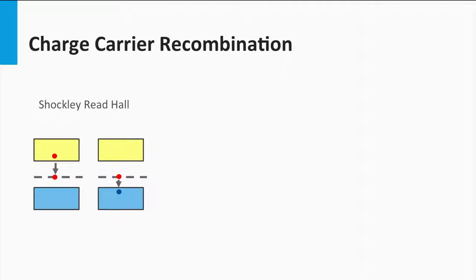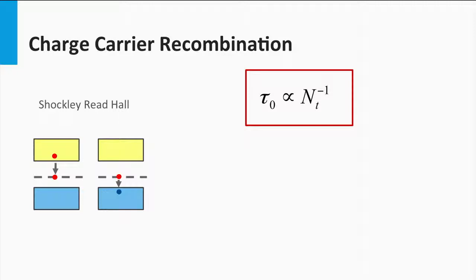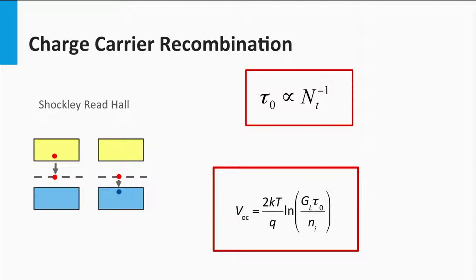In the simplest approximation, the minority charge carrier lifetime is reciprocally dependent on the defect density Nt. This means the larger the defect density, the shorter the lifetime, and the smaller the open circuit voltage. The defect density limits the extent to which the quasi-Fermi levels can be split.